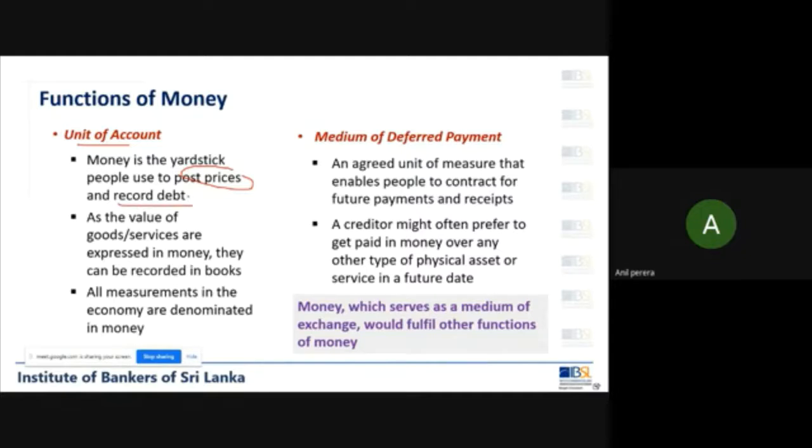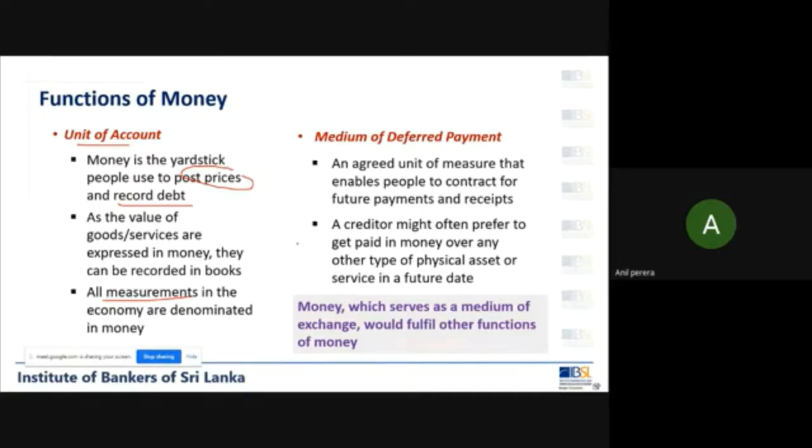If you borrow, your borrowing is reported in money. Financial transactions are recorded in money, in books. If you look at financial statements, a balance sheet, it's recorded in money. So all the measurements in the economy are denominated in money.